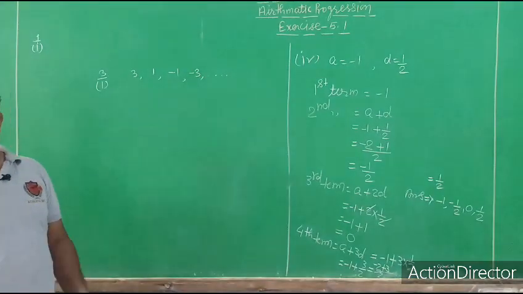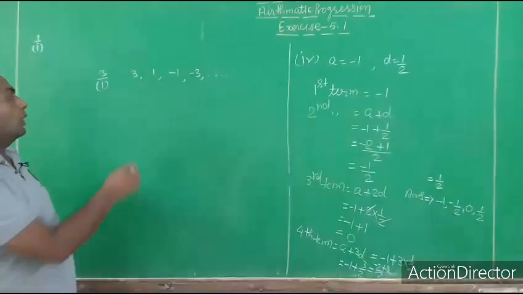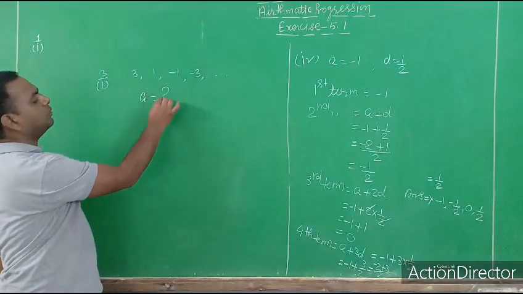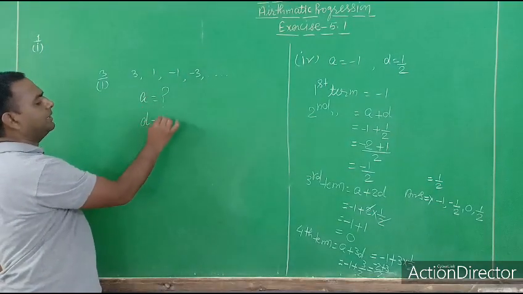Here you find out the first term, it means what is the value of A? A is equal to what? And what is the value of D? D is equal to what?